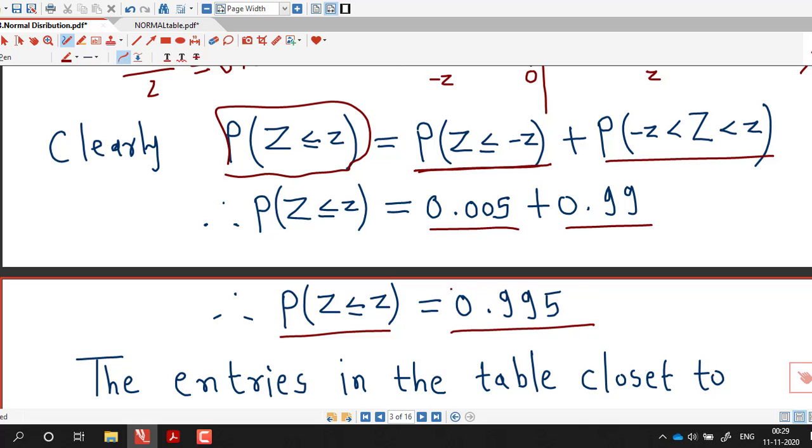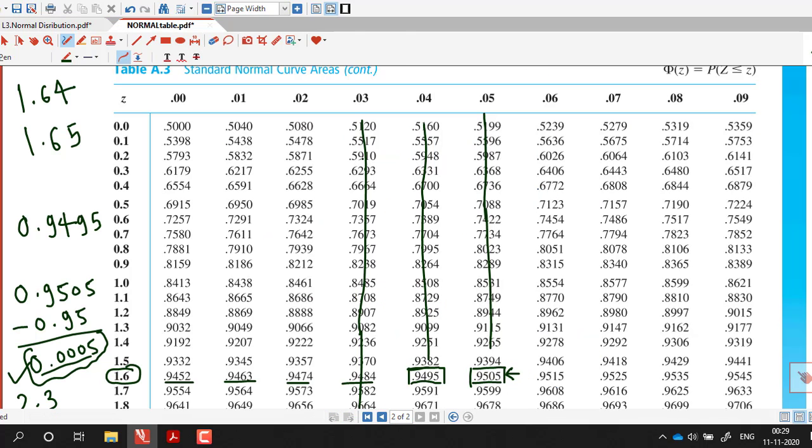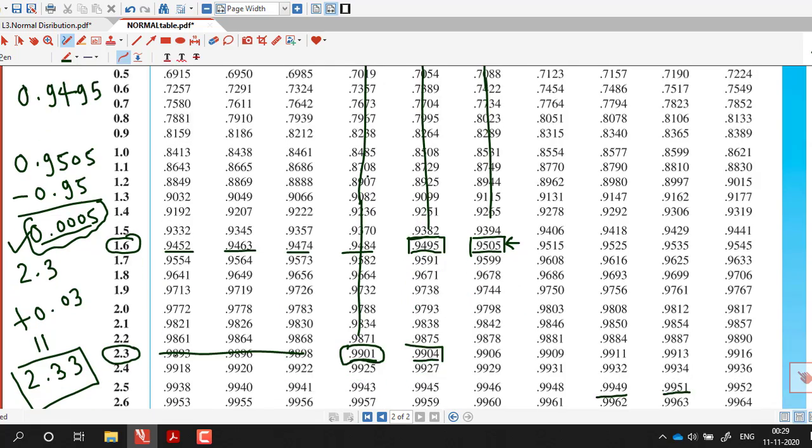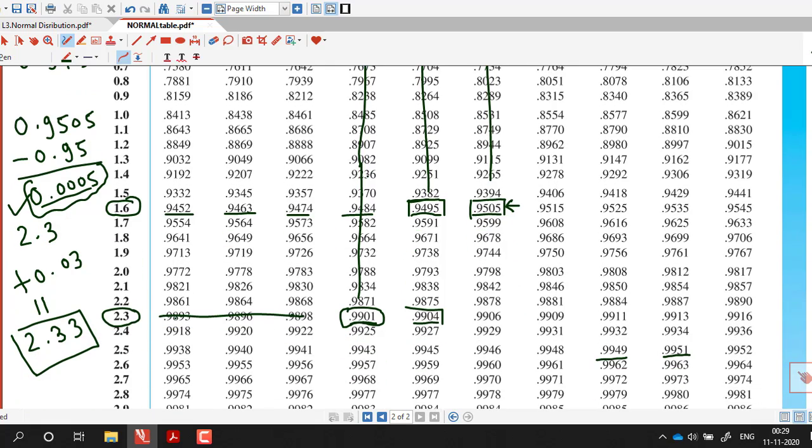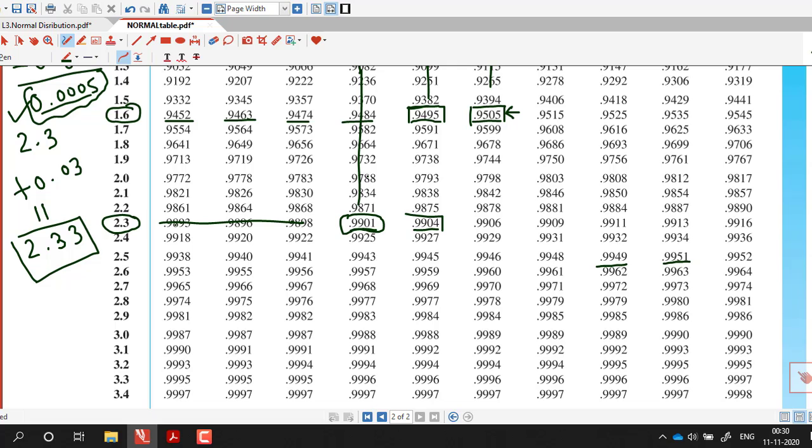So again we have to search in the table for this entry 0.995. So we have to concentrate on 0.995. So we are here, 0.9949 and 0.9951.